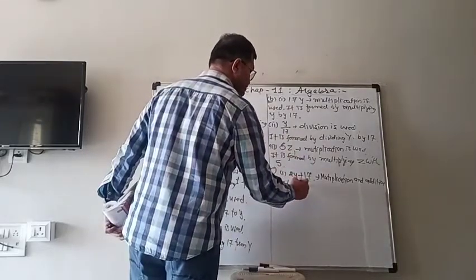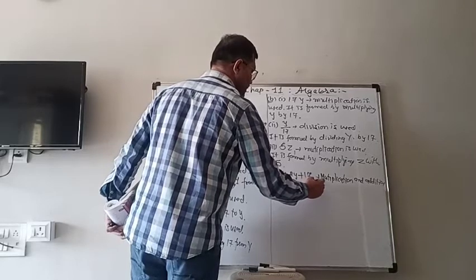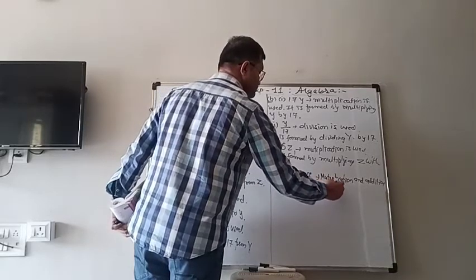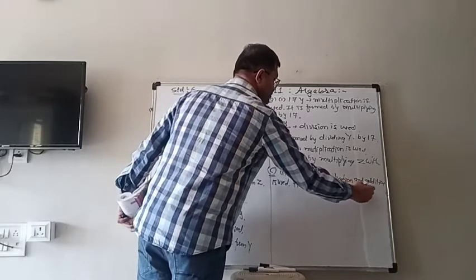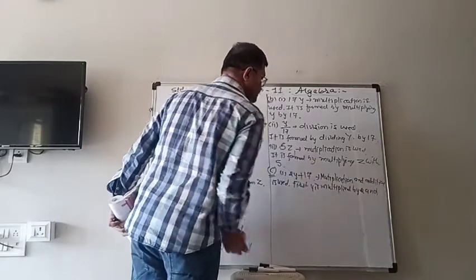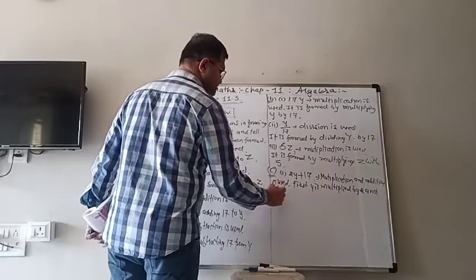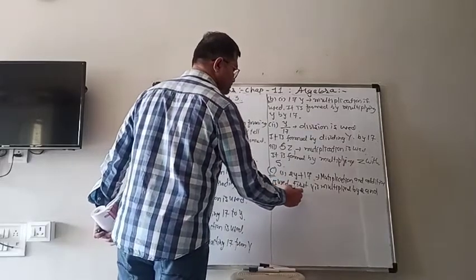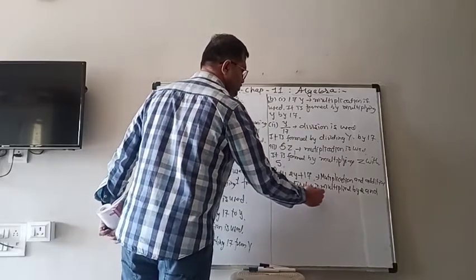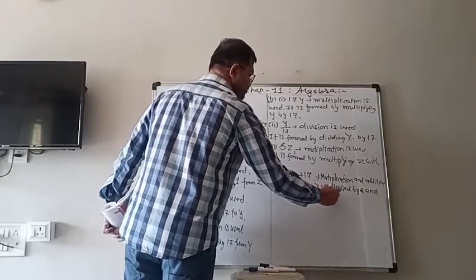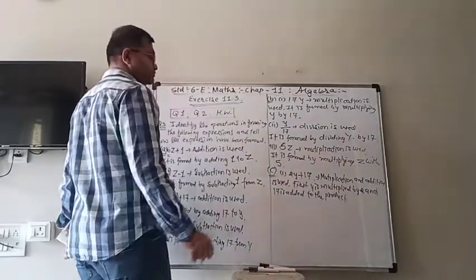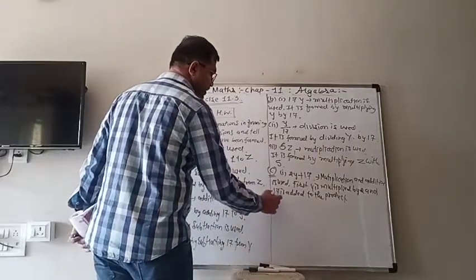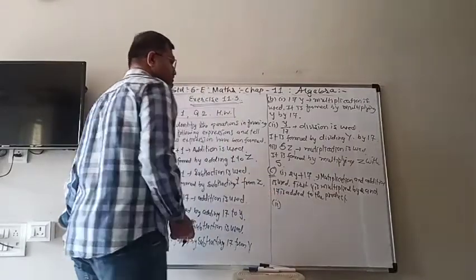First, y is multiplied by 2 and 17 is added to the product. So first we multiply y by 2 and then add 17 to it.